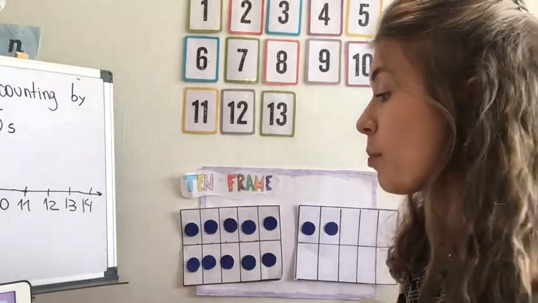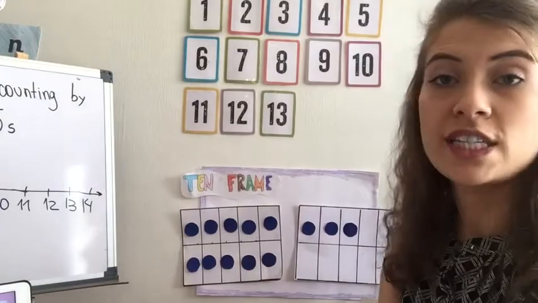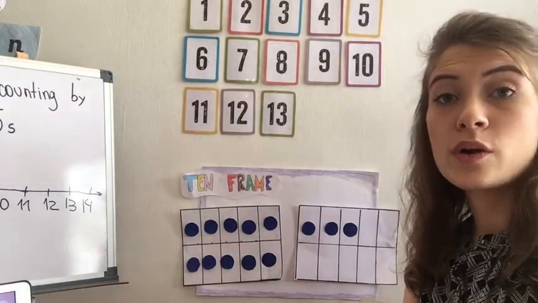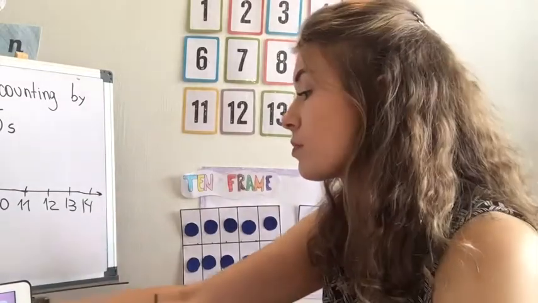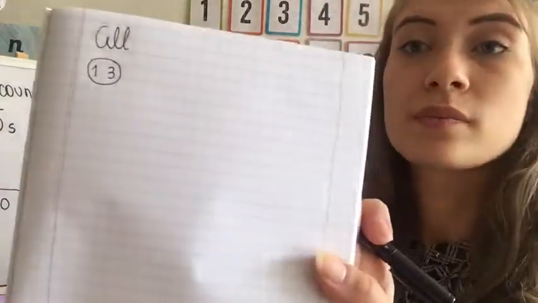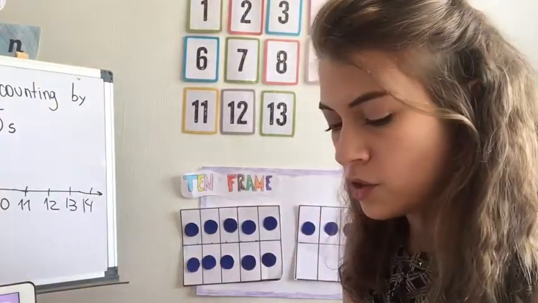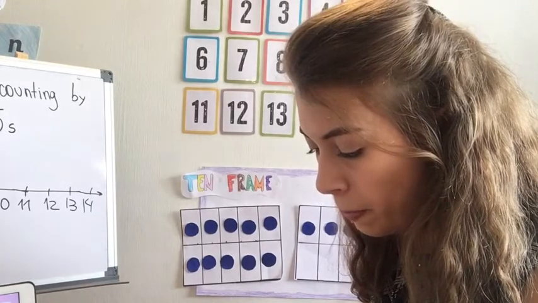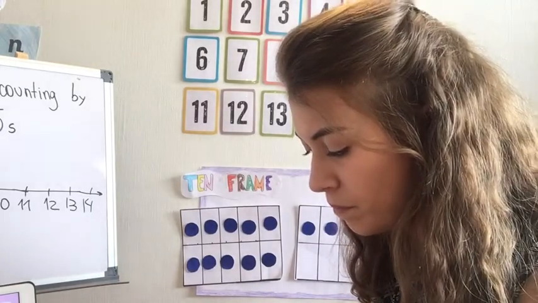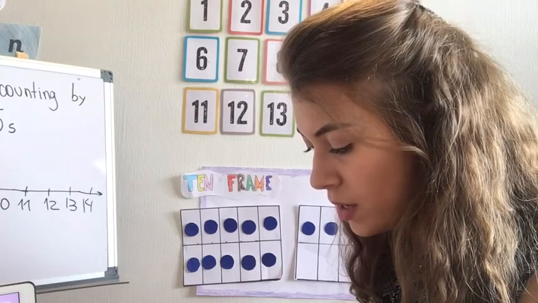And then if I put one more over here, I know it's 13. And that's the way we are going to represent the number 13 in our ten frame. You can build your ten frame. Don't forget to build 2 ten frames, like me.